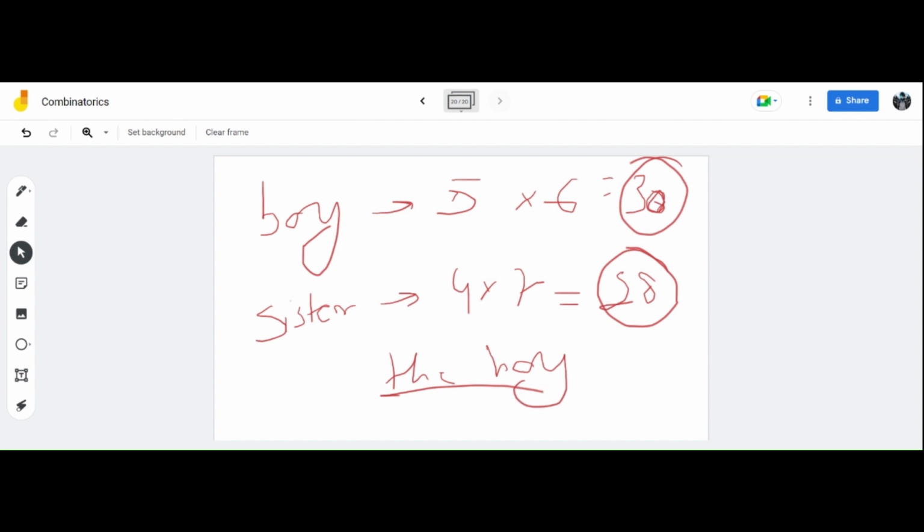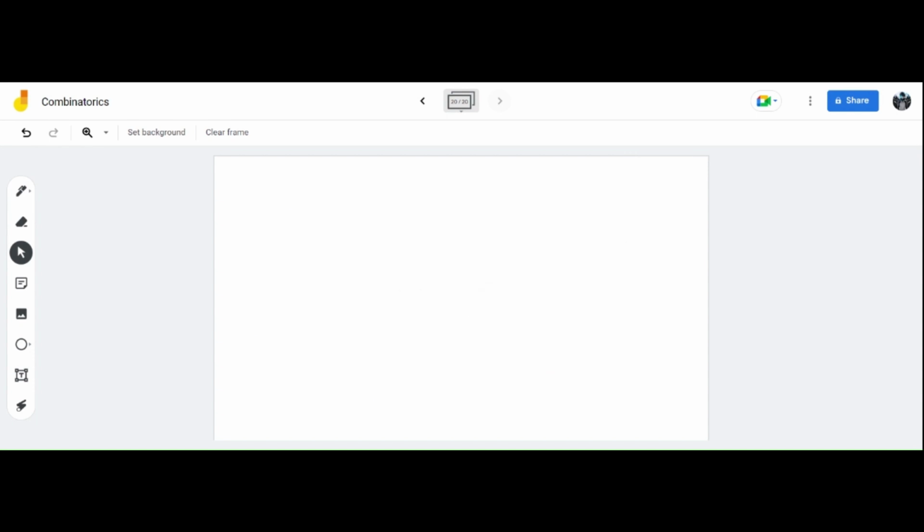Okay. Next question. From the digits 1, 2, 3, 4, 5, 6, and 0 also, how many 4 digit numbers can be formed with distinct digits, with different digits?